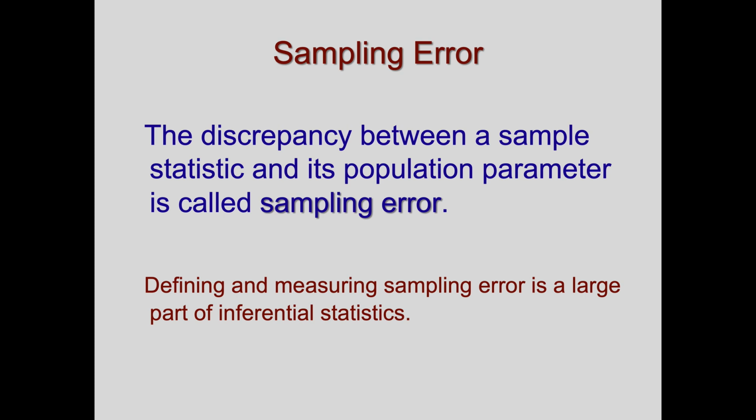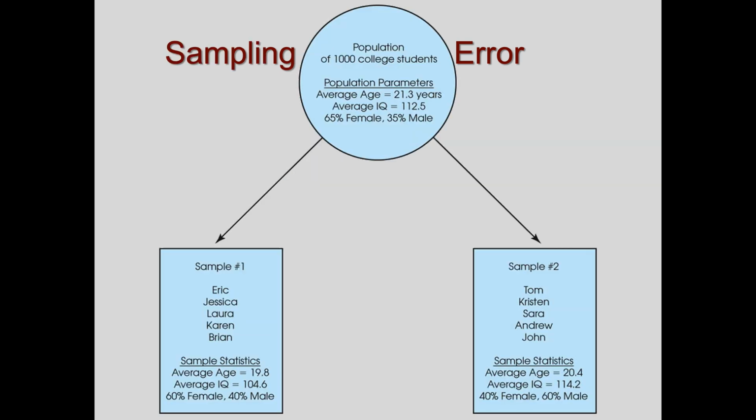In other words, if we draw the wrong inference, where did we go wrong? We want to know about that, and we have to measure that in statistics. Okay, so let's talk about sampling error. Population of 1,000 college students, the population parameters. Now, keep in mind, this is the population parameters.